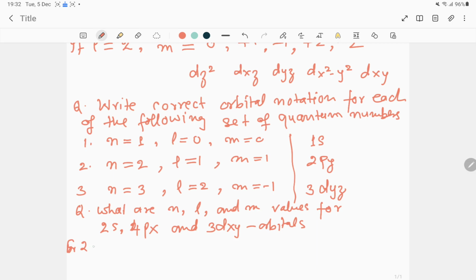For the 2s orbital, n is equal to 2, l is equal to 0, and m is equal to 0. For the 4px orbital, n is equal to 4, l is equal to 1, and m is equal to 0.